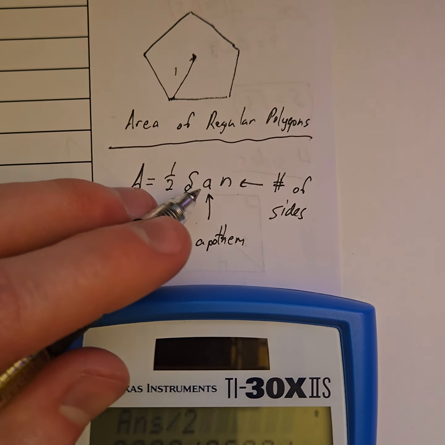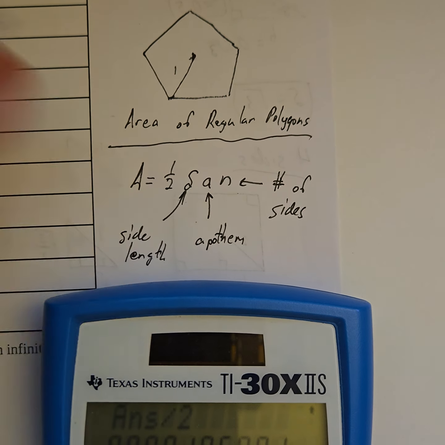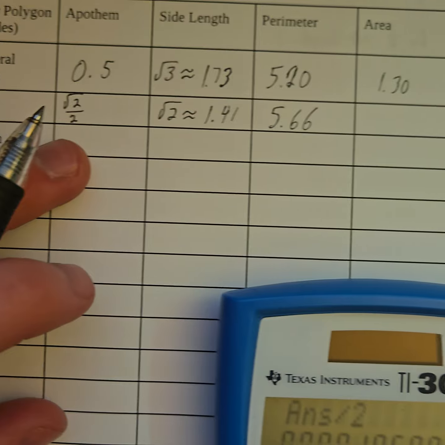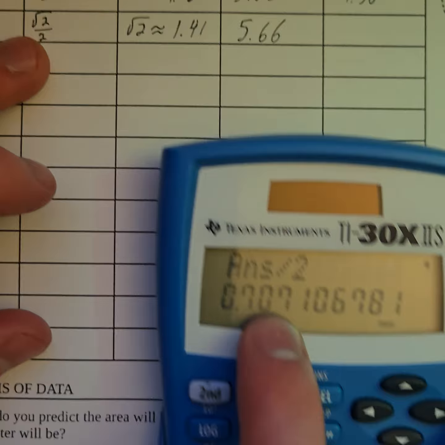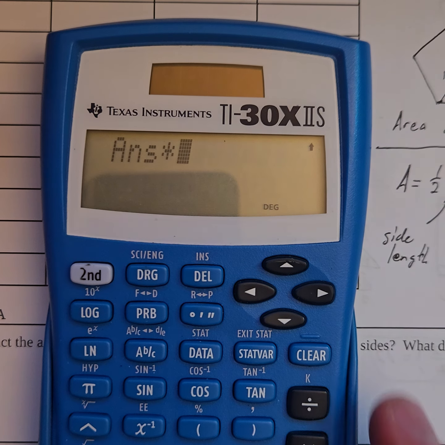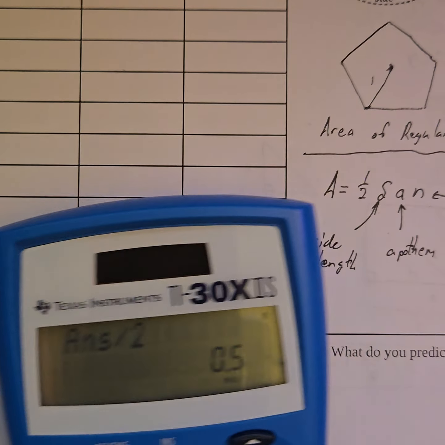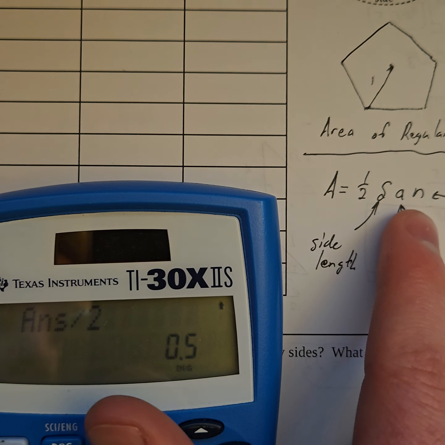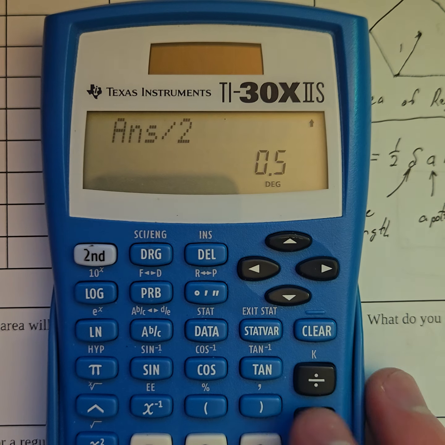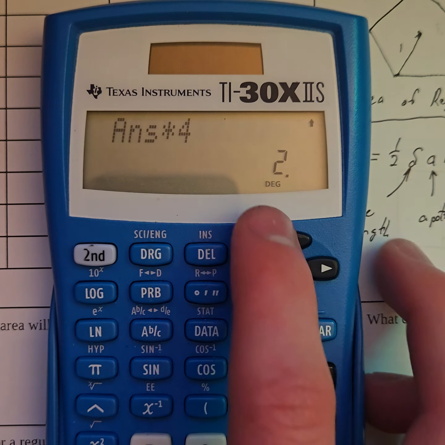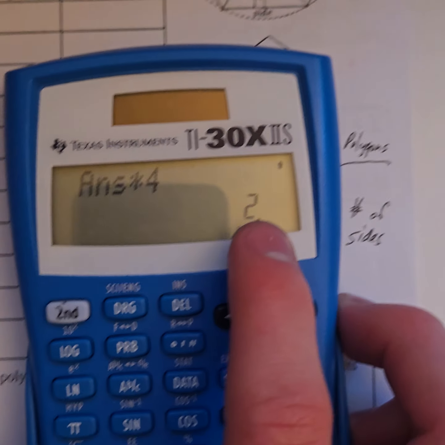We have to take that times the apothem, which is the square root of 2 over 2. So I'm going to take this times the square root of 2, and then divided by 2. And then I need to take that times our number of sides, which is 4. Everything cancels out nicely, and we get 2.